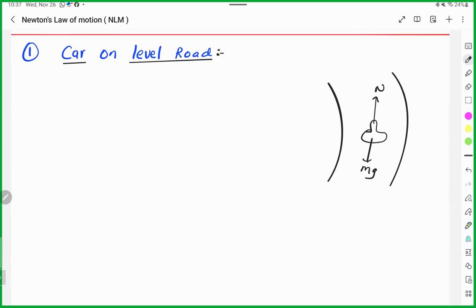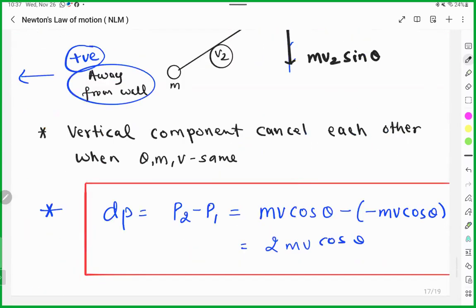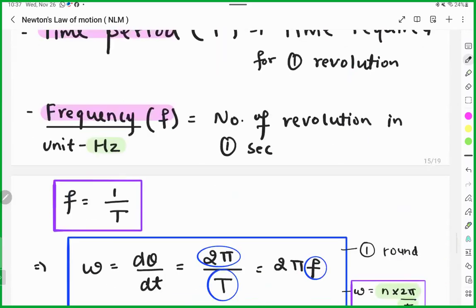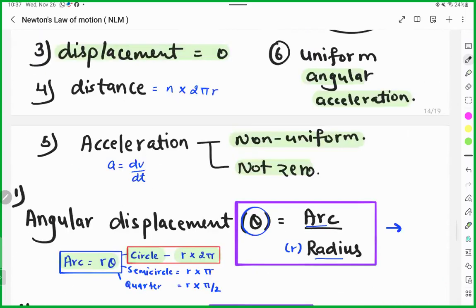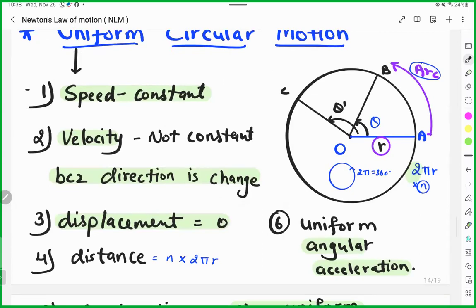And when it is moving on a U-turn, there will be centripetal force toward the center. Whenever you talk about rotational motion and we say centripetal force, it means toward the center.